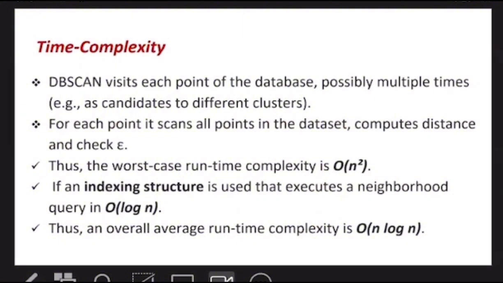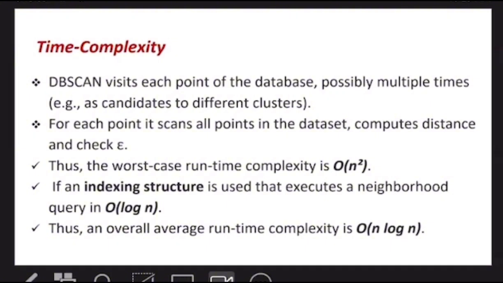Now, let's say you want to run the algorithm with DBSCAN using any statistical software, R, Python, and so on. We want to tell you the time it takes to run. Here the worst case runtime scenario is n squared. What is n squared?